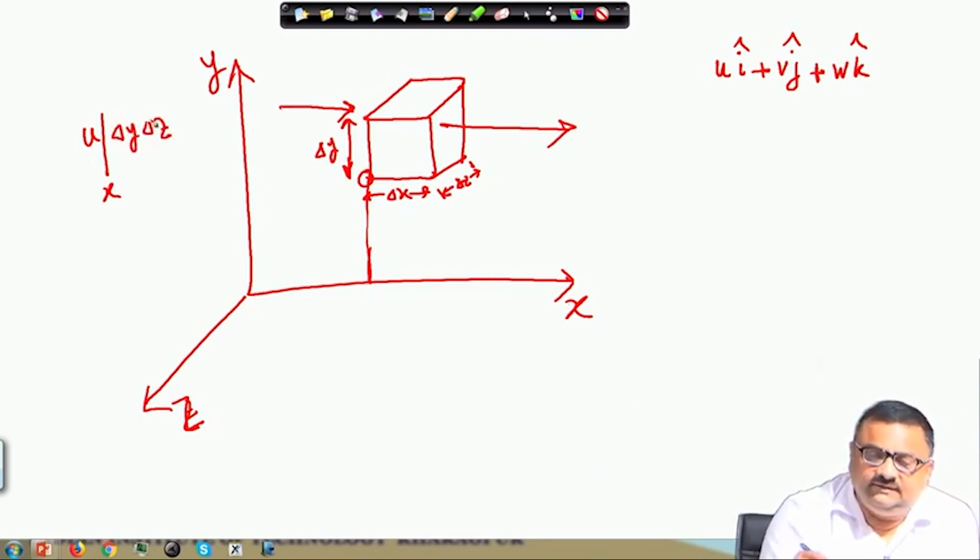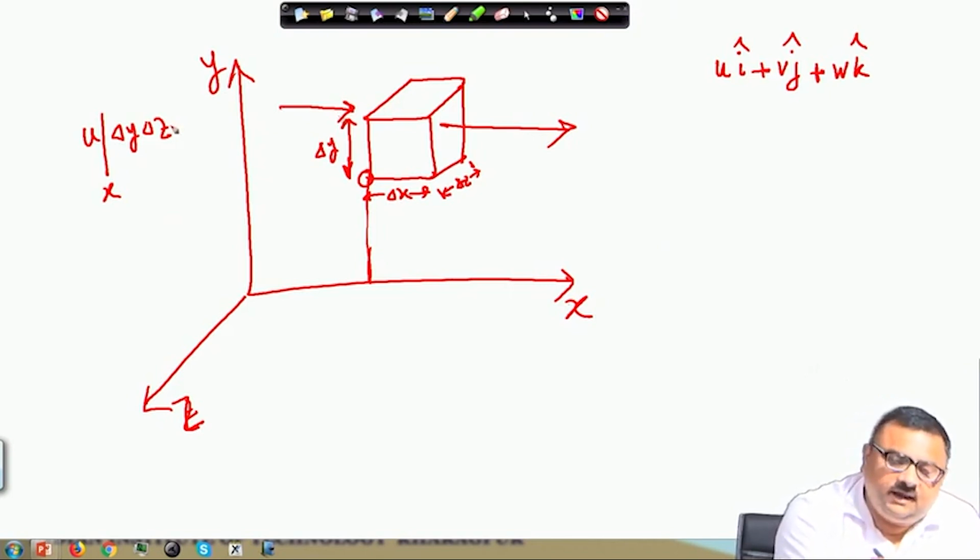Delta y delta z is the area of this face. So we are talking about the flow entering from this side. It is velocity in meter per second into meter square, which gives meter cube per second. That is the flow rate going in.